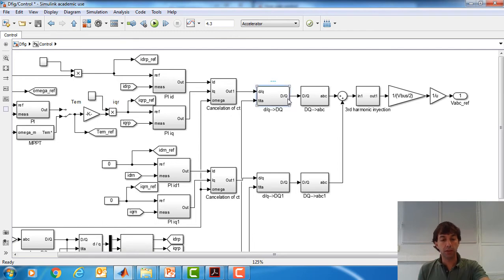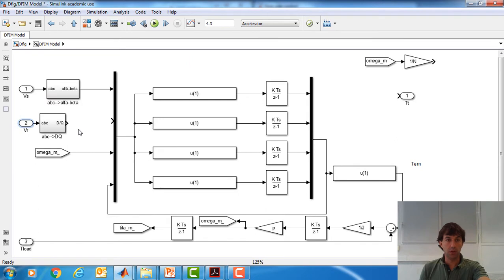For instance, this one. Let's copy it from here and put it there. So we need to add, this is omega r, theta r. Yes, this is a little bit tricky, but it will work.